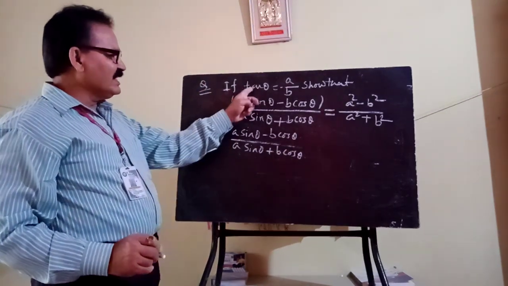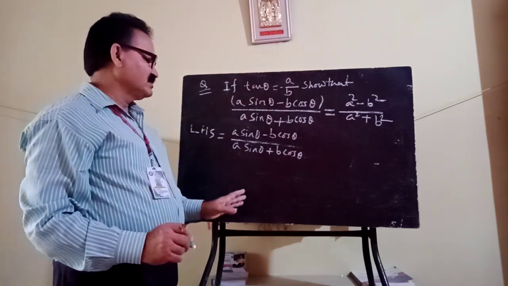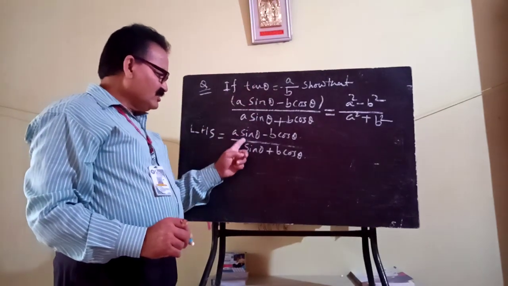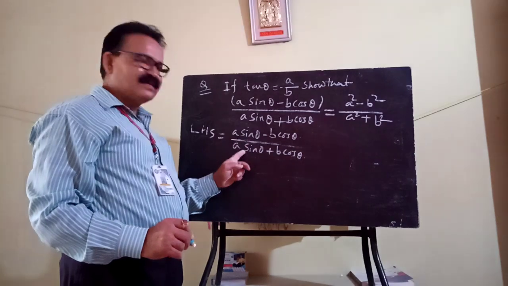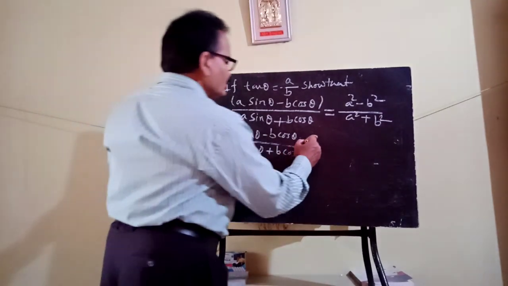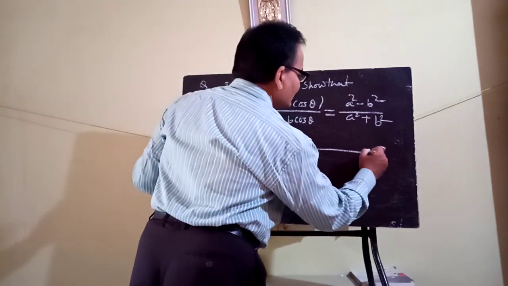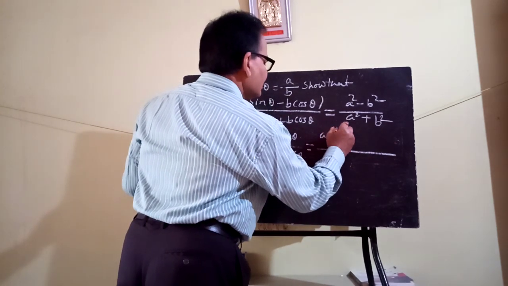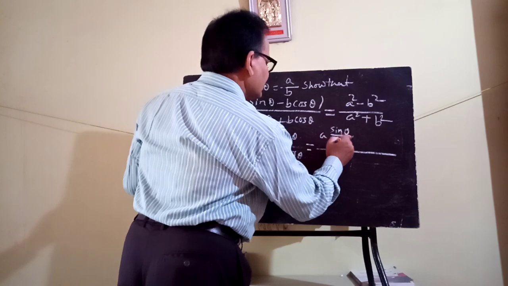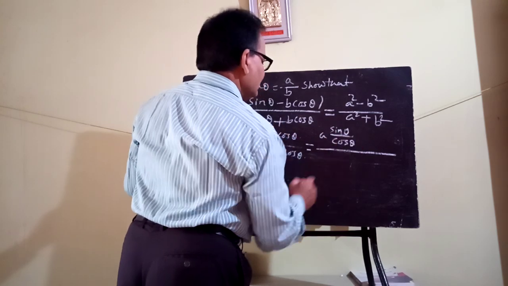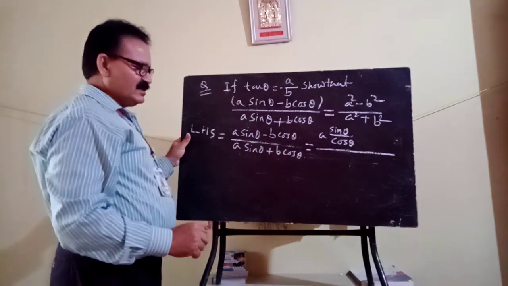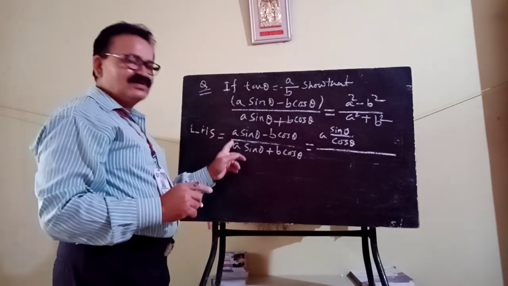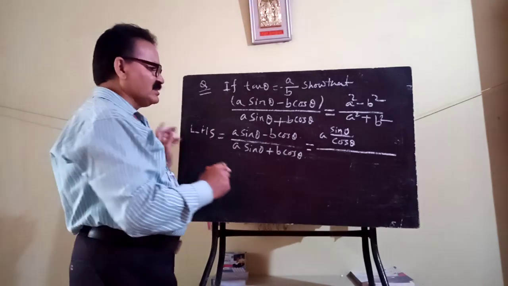Now you have to see the value of tan theta is given. So to get tan, you must divide sin by cos theta. So what you do, A sin theta by cos theta. Okay, you divide both numerator and denominator by cos theta.